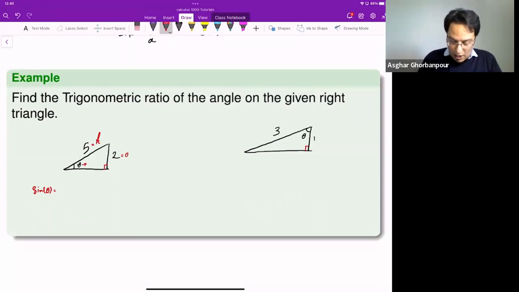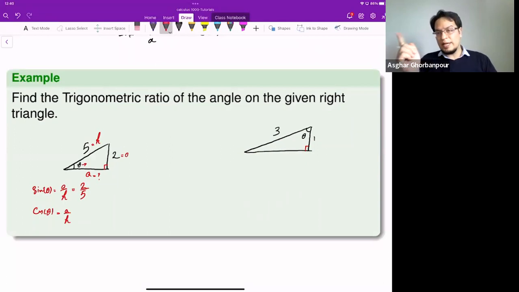So sine is opposite over hypotenuse, which here is 2 over 5, as given. Cosine theta is adjacent over hypotenuse. It's not given, but remember, if you have a right triangle and you know 2 of the sides, you can find the third one as well. So this is basically the Pythagorean theorem.